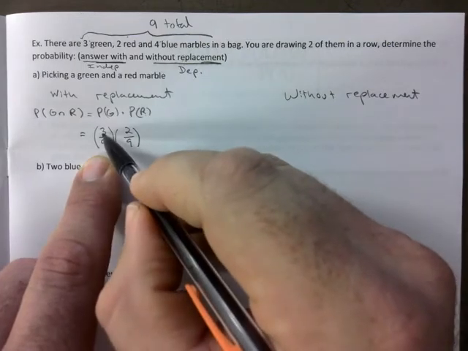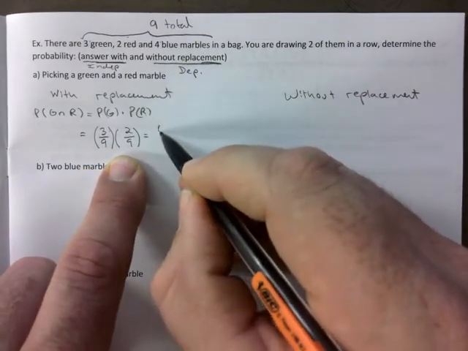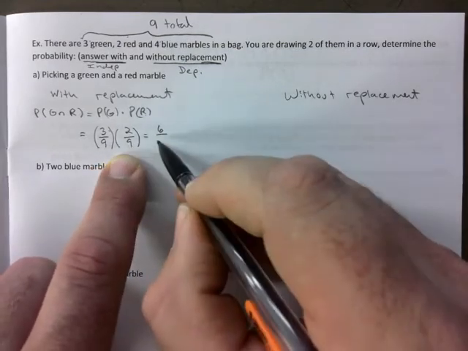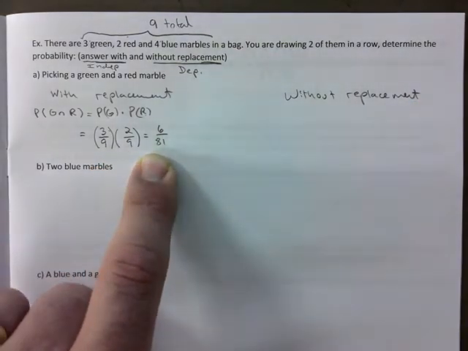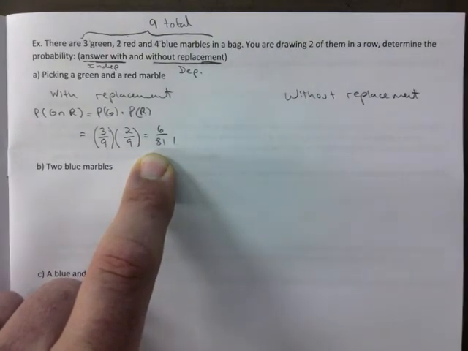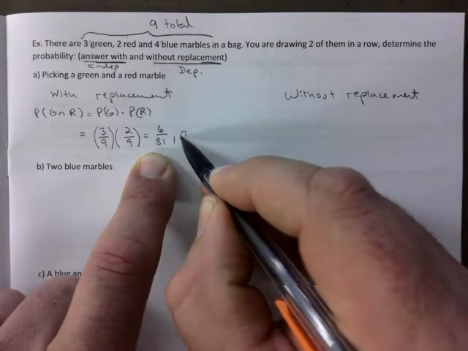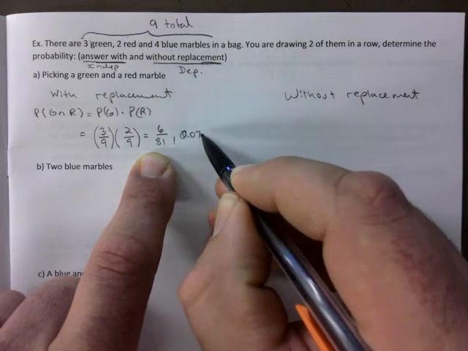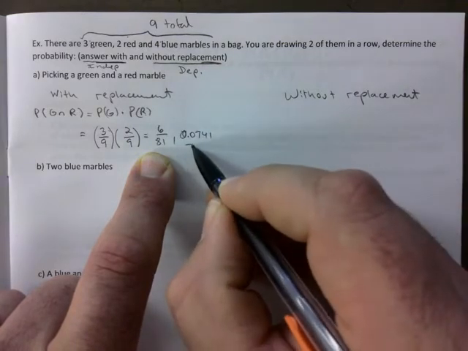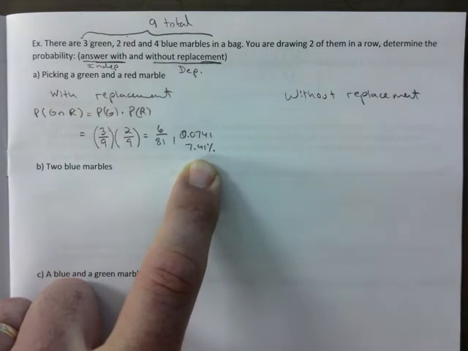This one can be reduced to 1 over 3, but let's just do 3 times 2 is 6, 9 times 9 is 81. Let's write it as a decimal and percent as well. So that's 0.0741, which is 7.41%.